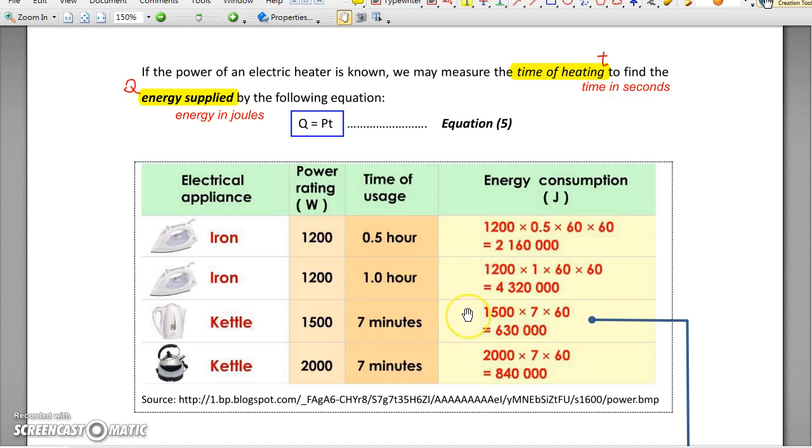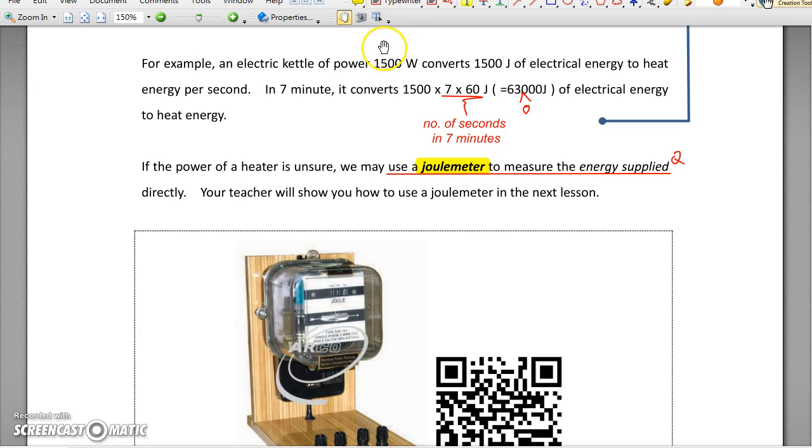Multiply with the power 1,500, and you may see there is a huge amount of energy, which is 630,000 joules of energy transferred from the kettle to the water. In this way, if you know the power of the electric kettle and the time of heating, then you may calculate the amount of energy transferred easily using equation 5 above.